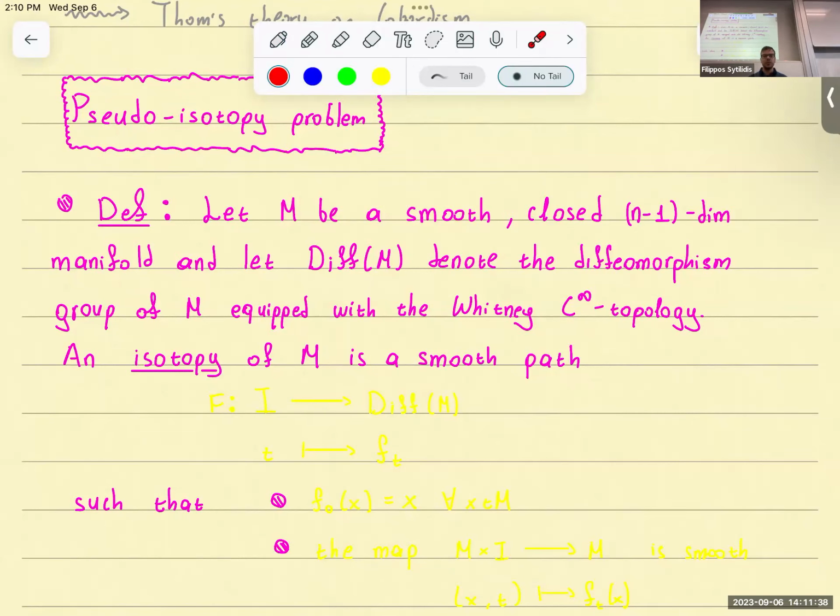Don't worry about that. We're going to talk in detail about what that is next week. All you need to know is that there is some topology which you can endow this group with, so you have a notion of when two diffeomorphisms are near each other. We'll discuss that in detail later on, but it won't matter for us now.